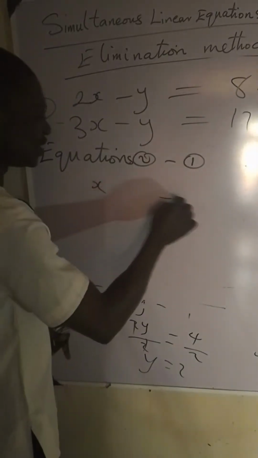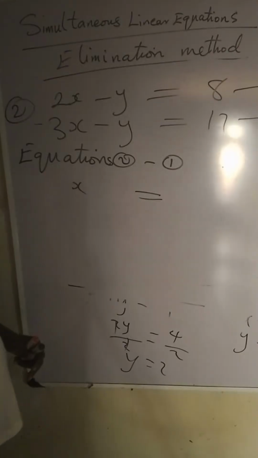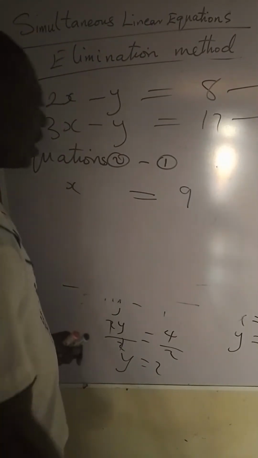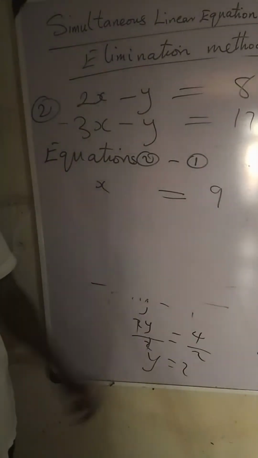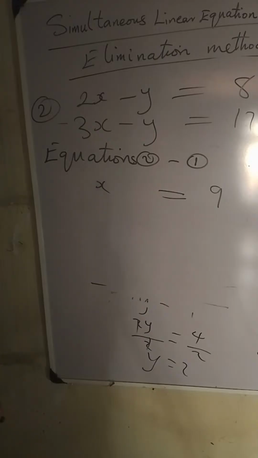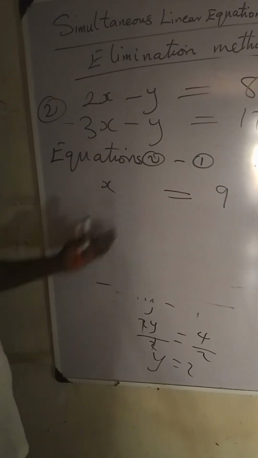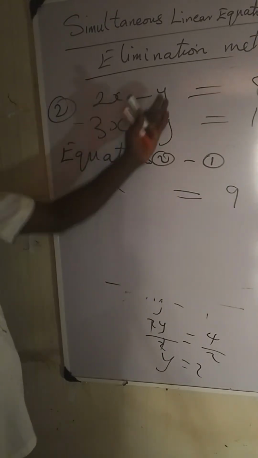And we have that this is equal to 17 minus 8. That will give us 9. So in this calculation, x is equal to 9. Because we now have the value of x, we may decide to replace x with 9 in any equation of our choice.